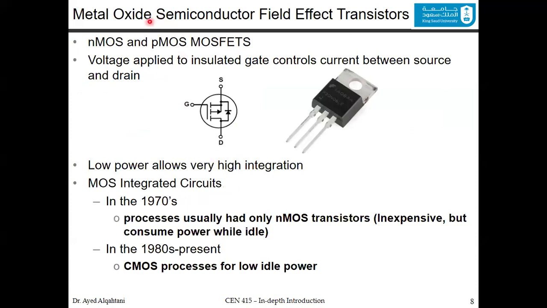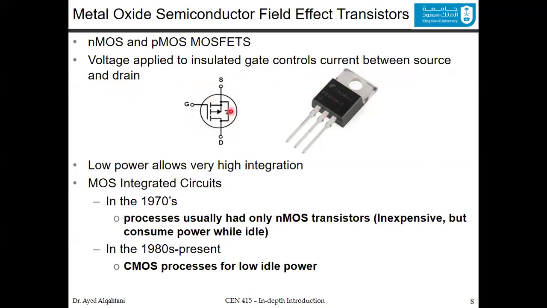The MOS, or metal oxide semiconductor, which some people like to call MOSFET, or metal oxide semiconductor field effect transistor, is composed of two types, the NMOS and the PMOS, where the voltage applied to an insulated gate controls the current between the other two terminals, the source and drain.